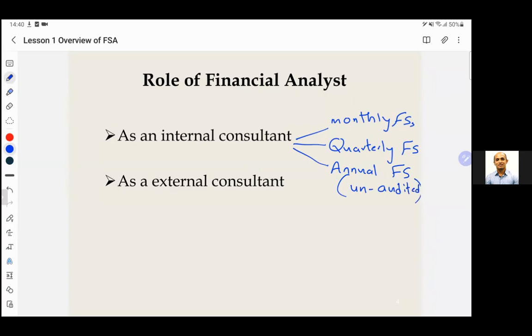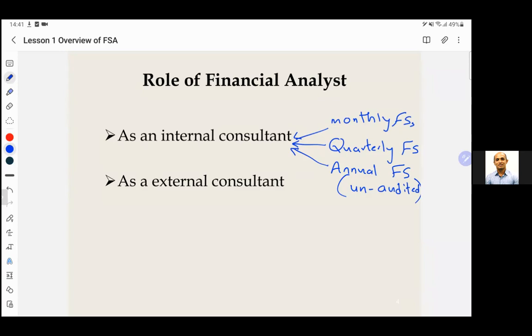You have unaudited annual financial statements. So we call them draft financial statements. So particularly as an internal consultant, you may work with unaudited financial statements.